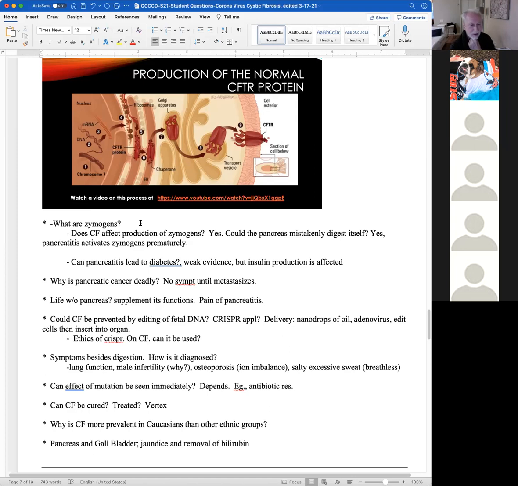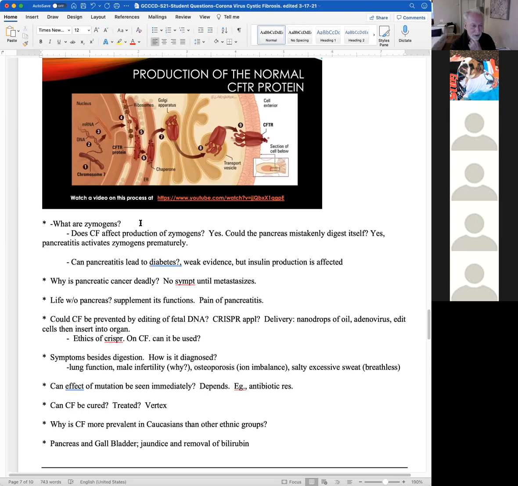The proteases are produced as zymogens because, why? Well, it's because the pancreas is made up largely of proteins. So if it produced proteases, it would digest itself.